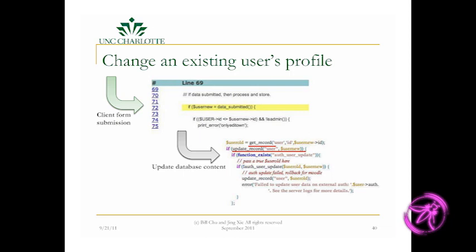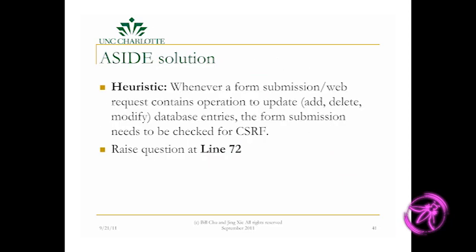We define the set of databases, and it changes the user profile. The simple heuristic we would apply to deal with CSRF is, whenever a web form submission contains an operation to update some database or some state of the server, we ask for annotation on the CSRF protection logic.